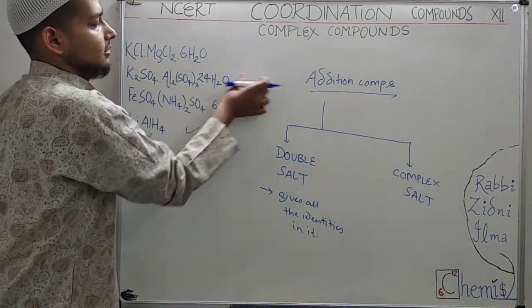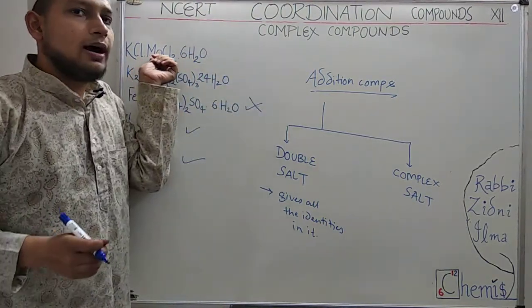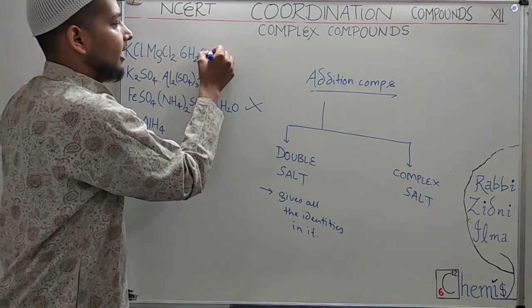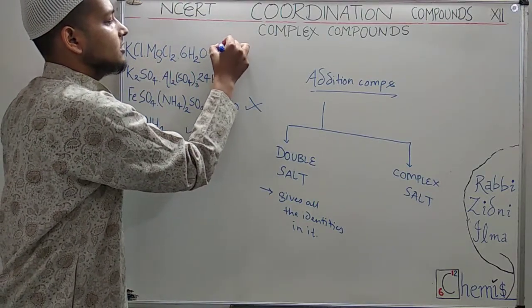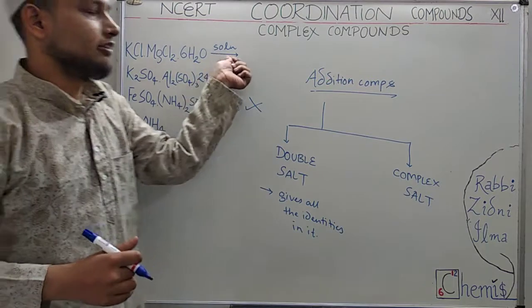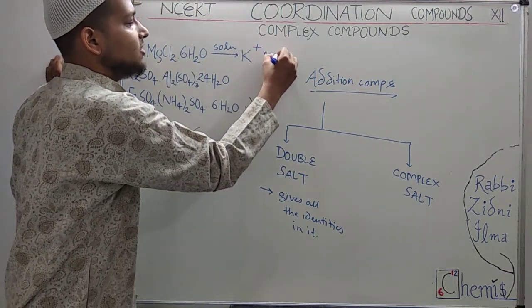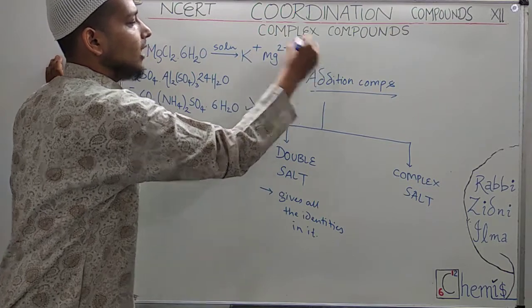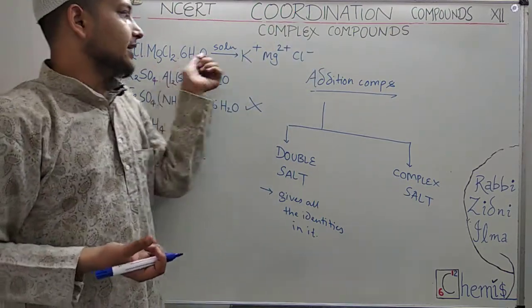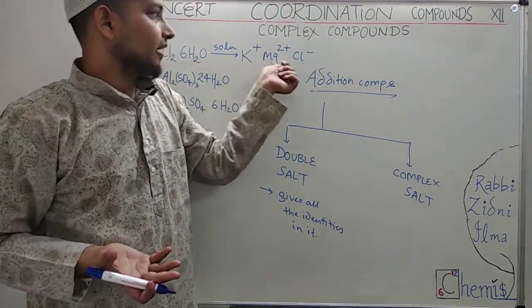Now, consider this: carnallite. It is an ore of magnesium, a chloride ore of magnesium, and if we form an aqueous solution of this, it will give us potassium ion, magnesium ion and chloride ion. These are the expected ions: potassium, magnesium, chloride.